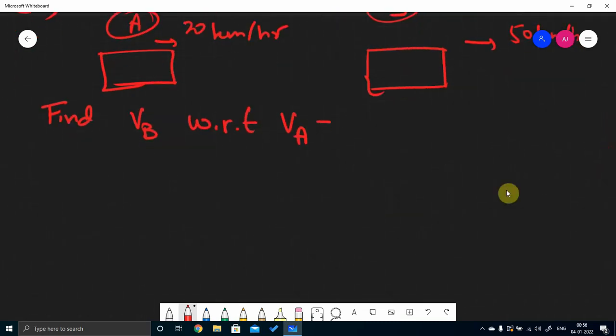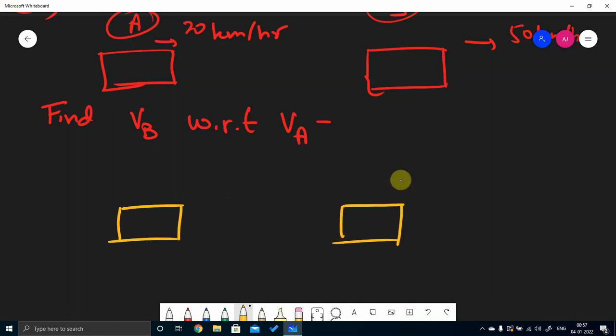Let me give you a quick shortcut. Let's say you have these two cars. Just draw them again. You don't have to exactly draw a car, just draw two boxes. We know this is traveling at 50 kilometers an hour and this is traveling at 20 kilometers an hour.